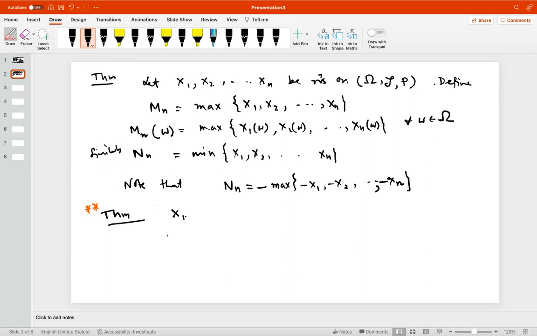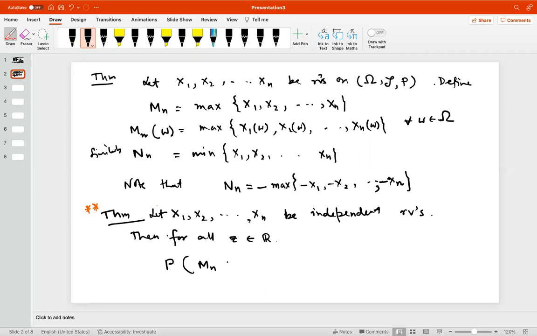So if X1, X2, ..., Xn are independent random variables, then for all z belonging to the real numbers, consider the probability that the maximum value of X1, X2, ..., Xn is less than or equal to z.